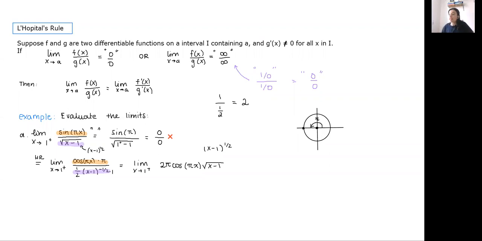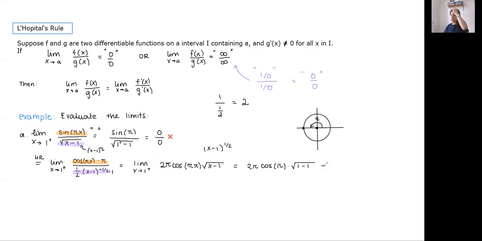All right, okay, so at this point, we have now found the derivative of numerator and denominator, and we can actually try to plug in again, right? So we can see if our L'Hopital's rule actually helped me in evaluating this limit. So I'll have 2 times pi times cosine of pi times square root of x minus 1, which is 1 minus 1.